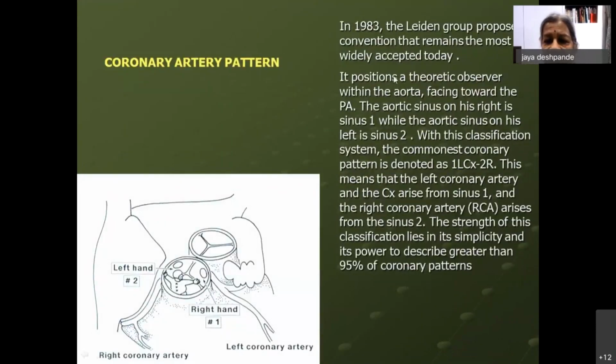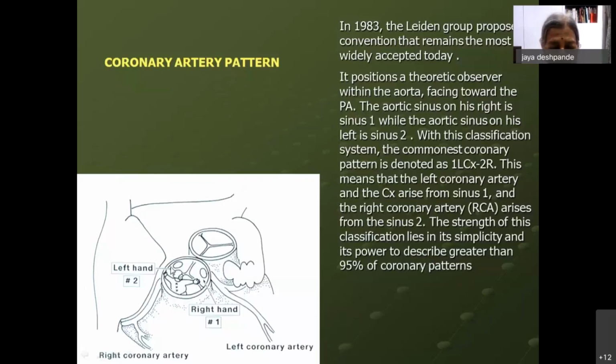So in 1983, Leiden proposed a classification that remains the most widely accepted. In this position, you make a small person stand in the anterior aortic sinus facing the pulmonary artery. If he spreads his hand out, the aortic sinus on the right side will be the right sinus.